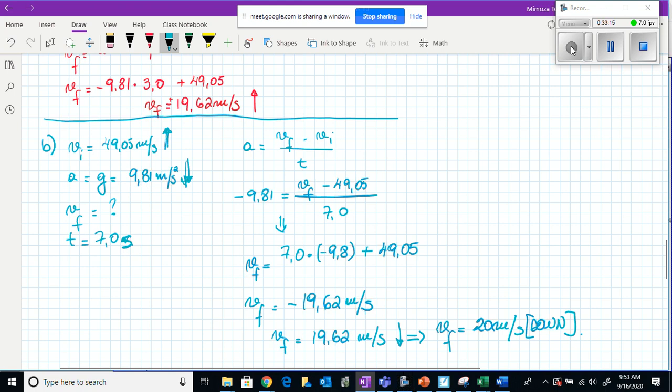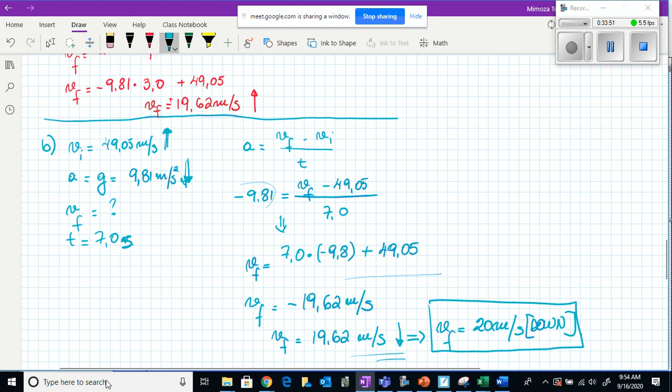So this is why we say it is negative 9.81. Substituting everything, the calculator will tell us that the final velocity is negative 19.62 meters per second, which means that, in relation to what we have said about going up and going down, it's going down. So the final answer, considering the correct significant digits, will be 20 meters per second going down.